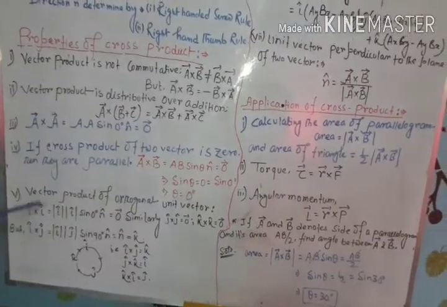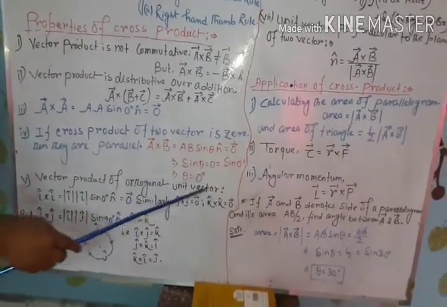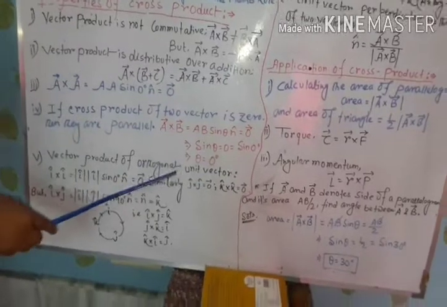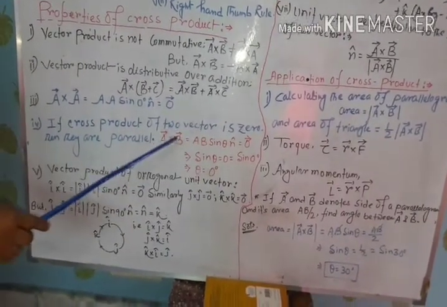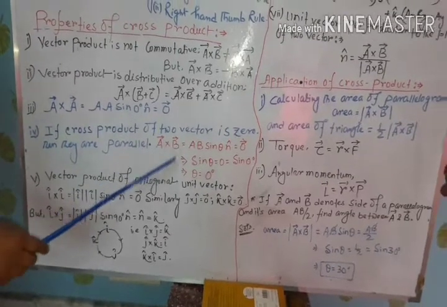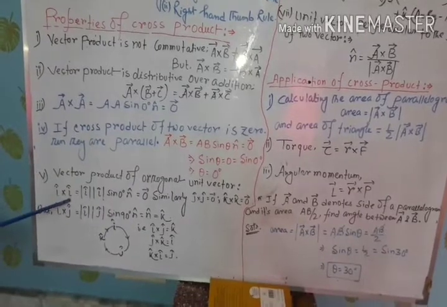Okay. Next we have to know about the cross product of orthogonal unit vectors. What do we mean by orthogonal unit vectors? That is, i cap, j cap and k cap are the orthogonal unit vectors. Now see, i vector cross i vector.